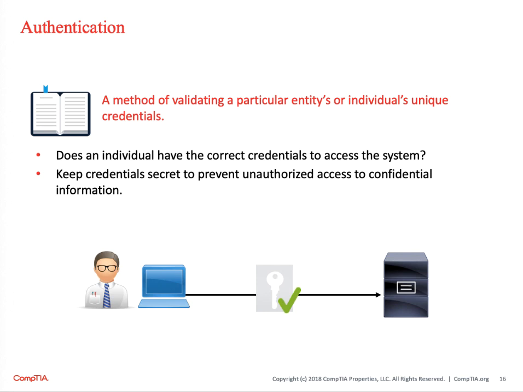Well, the computer is going to check in a database to make sure that the John Jacobs in that computer uses the password that I've given it, right? Or the John Jacobs in the computer has the same fingerprint as I do. And so we need to keep these credentials secret, the credentials being whatever authentication factor we're using, maybe a password, to prevent any unauthorized people, so people who may be pretending to be John Jacobs or just another different John Jacobs, from accessing our confidential information.